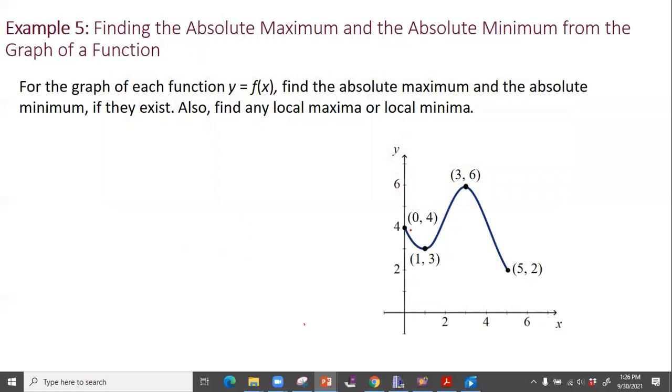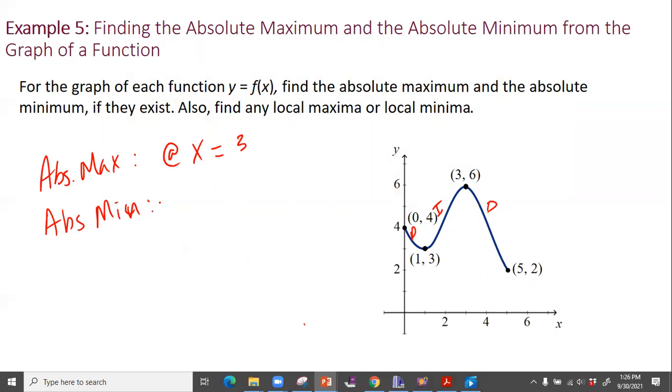This is a decrease, this is an increase, this is a decrease. So my absolute max would be at what? x equals 3. My absolute min would be at x equals 1.